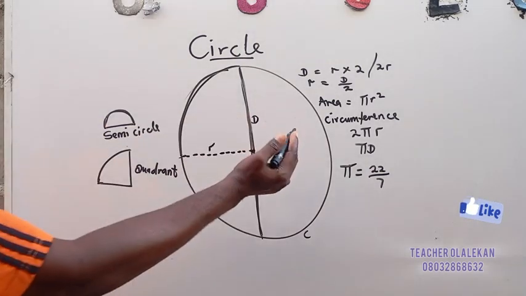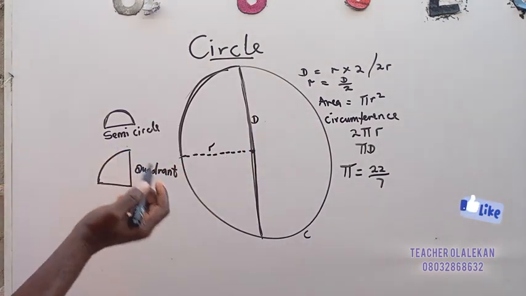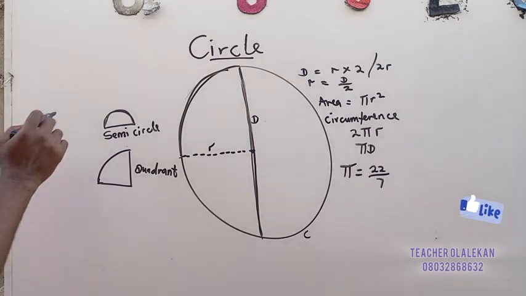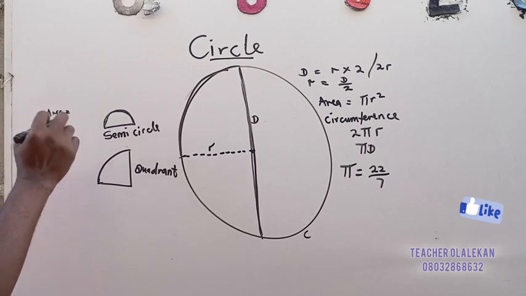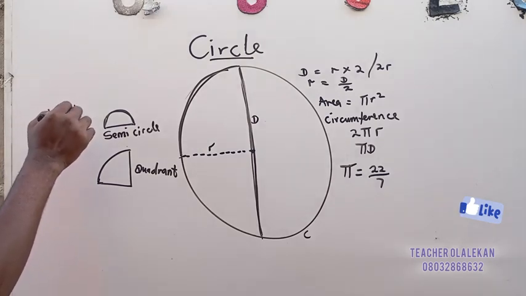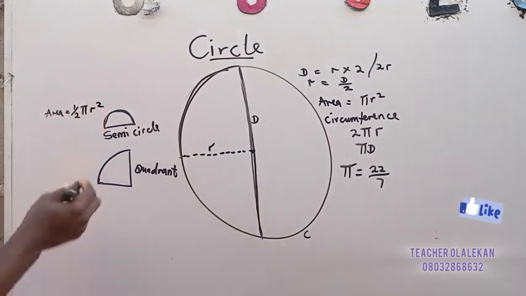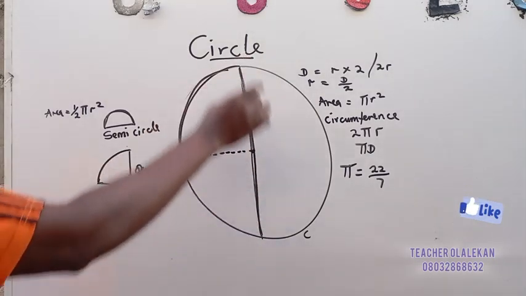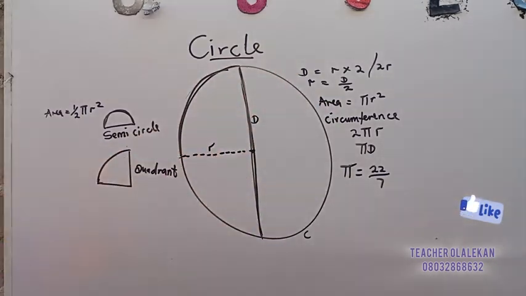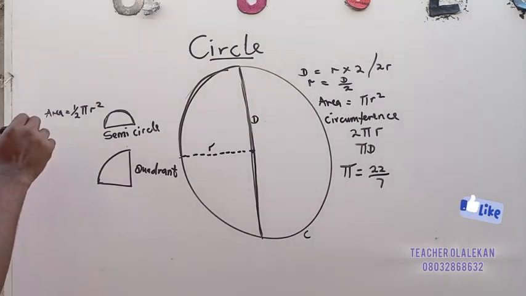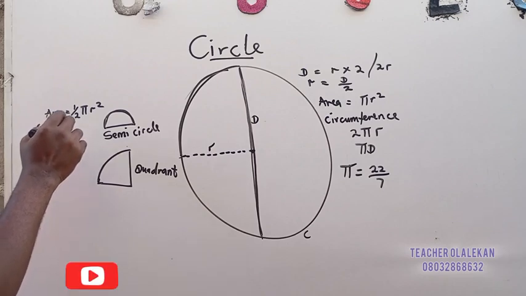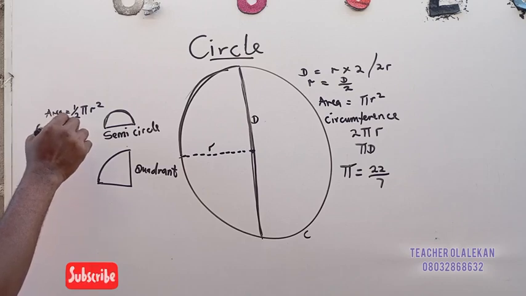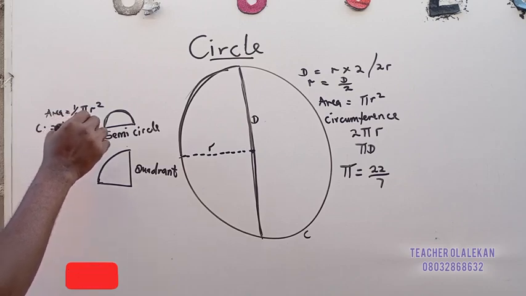The area of a semicircle will be half pi r squared, because it is half of a circle. If you can see it, the diameter divides the circle into 2 equal halves. While the perimeter or the circumference of a semicircle will be equal to half 2 pi r or pi d.